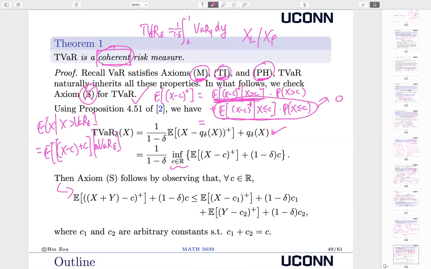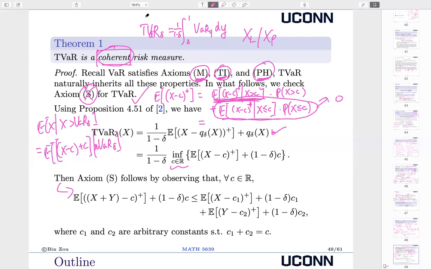It has all the best properties given this integral representation. So I guess that's everything I have for TVaR, and I believe that's already more than what we need for this course or short-term actuarial mathematics. So if you find some of the mathematical results challenging, it's okay to skip.